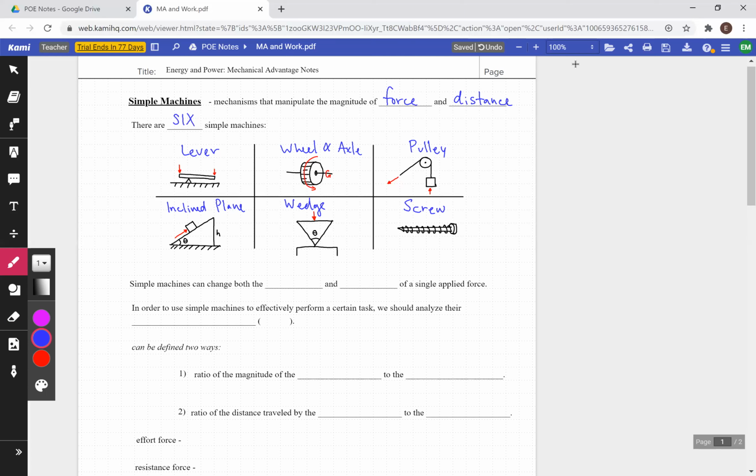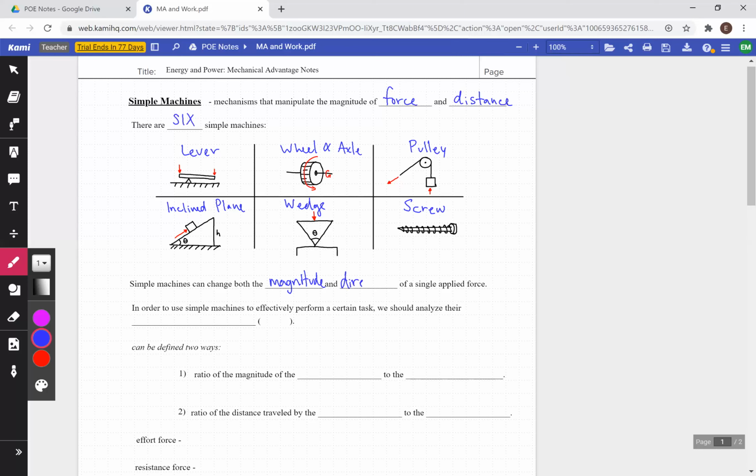So in all of these situations, we can see where there's a force acting and how the simple machine can change the amount of force required or the distance. A simple machine can change both the magnitude and direction of forces.